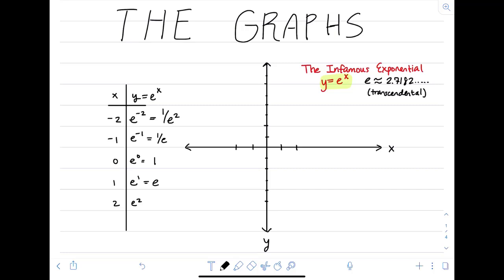So now that we have the exact coordinates, when we actually want to just sketch a quick drawing of this, we're not going to be able to plot exactly the perfect 1 over e squared, but we'll label the point that way.